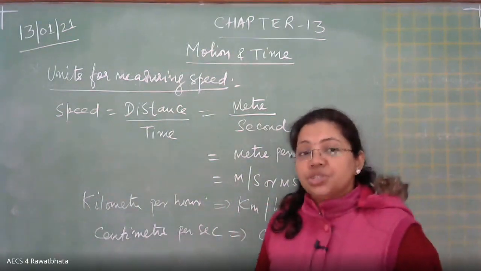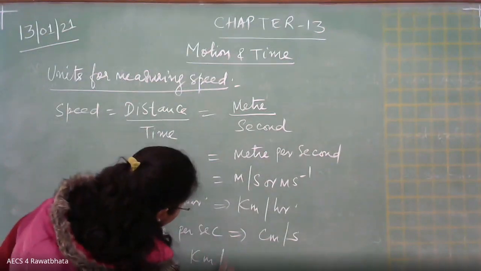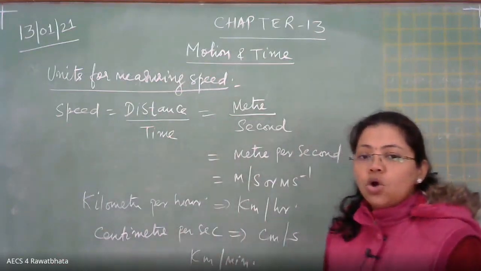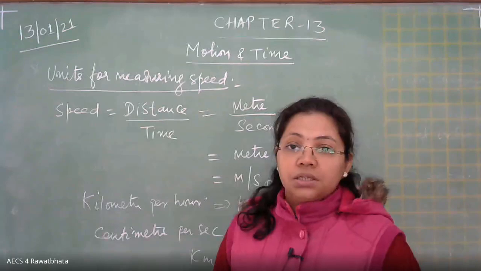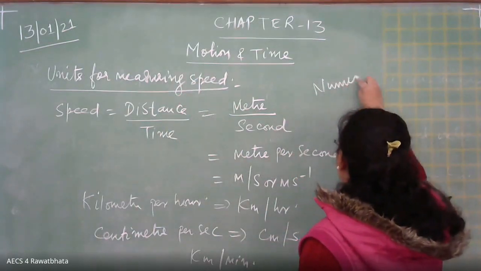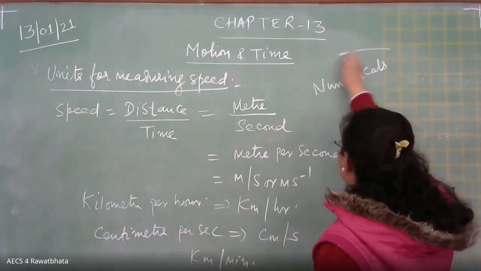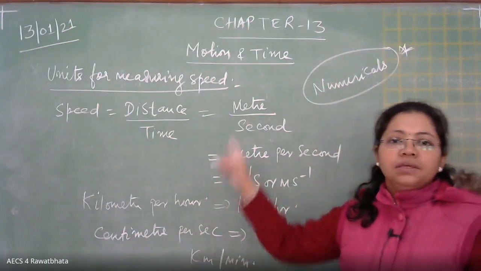In certain questions, you may also come across units like kilometer per minute. So accordingly, you have to solve the numerical. From this particular part, you have to solve numericals in your examination. Mathematical problems come from this particular part.